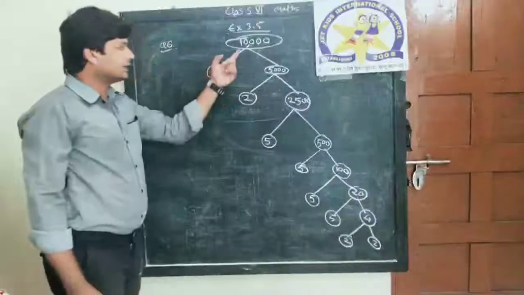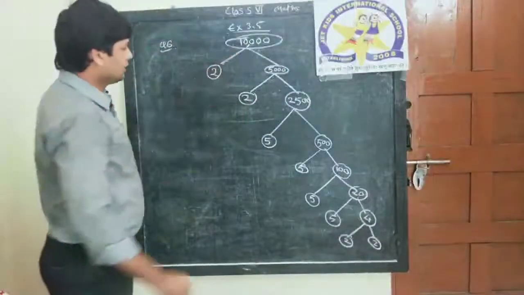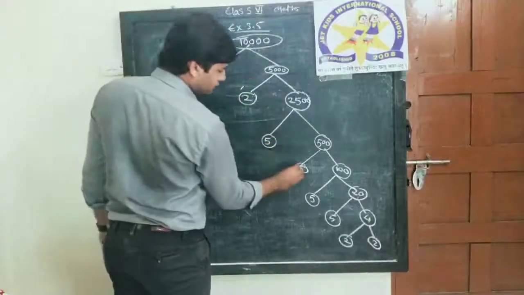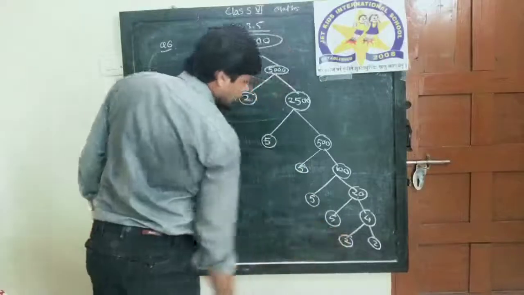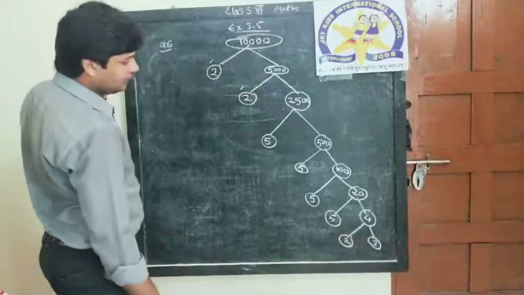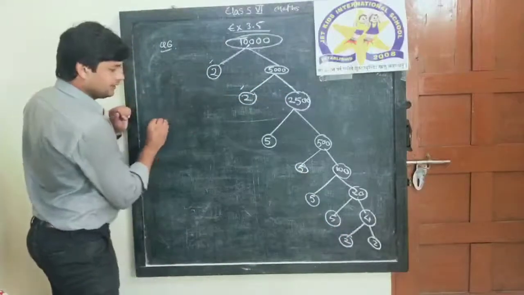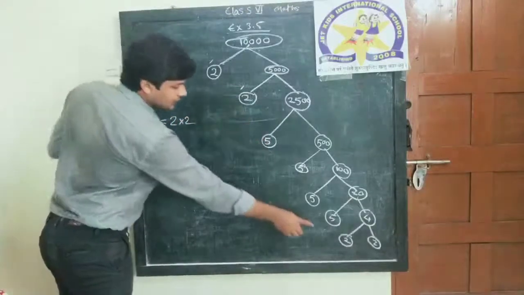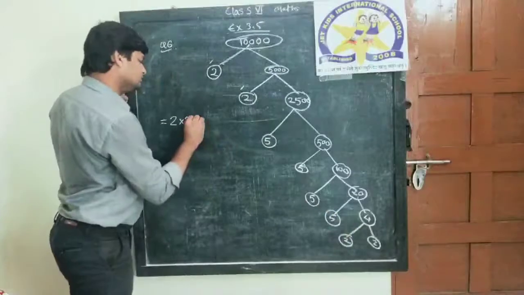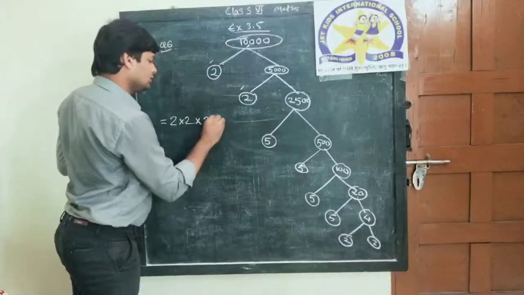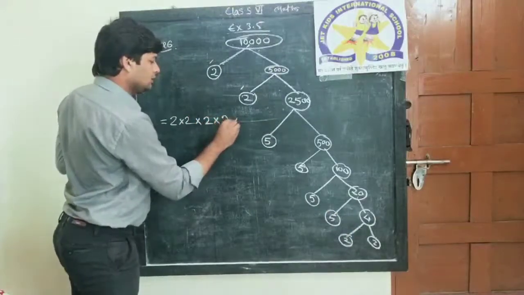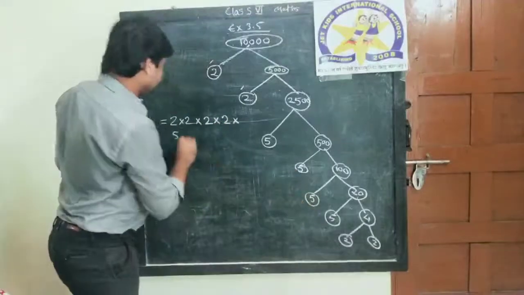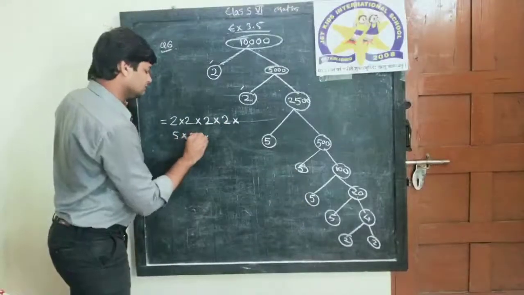So this is our 10,000 tree, which has 2, 2, 5, 5, 5, 5. So I am writing 2 multiplied by 2, then multiplied by 5 four times, 1, 2, 3, 4.